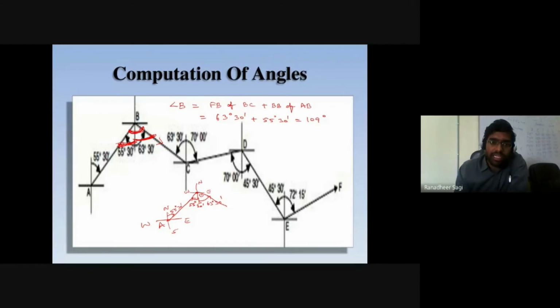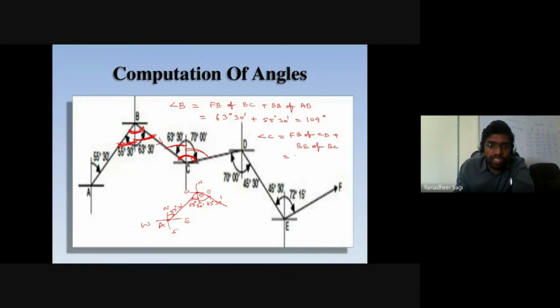Now likewise, the interior angle at station C. What is this interior angle at station C? That's nothing but this much angle plus this much angle. Already we know this much angle is 70 degrees, and this much angle is 63 degrees 30 minutes. The interior angle at C I will write as follows: C to D is the forward direction, so the forebearing of CD line plus the back bearing of BC line.